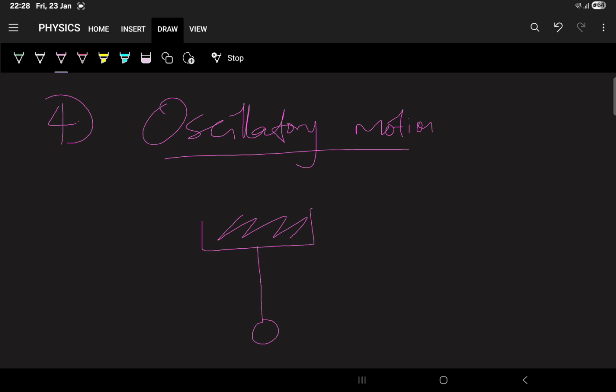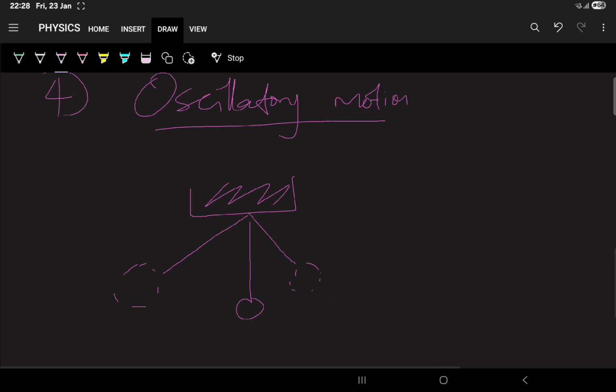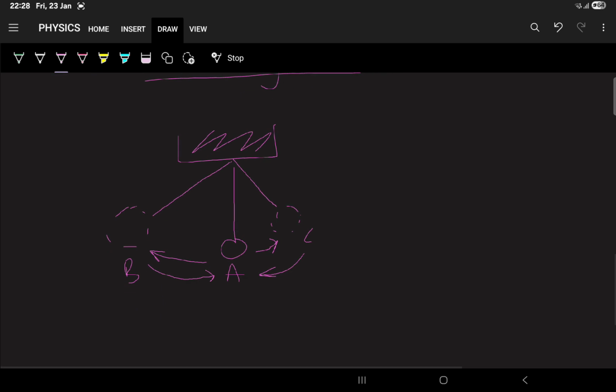Originally, the pendulum bulb is like this, but when displaced, we see it swinging to and fro. To go from point A to B, then back to A, and also from A to C and back to A. So it's to and fro.